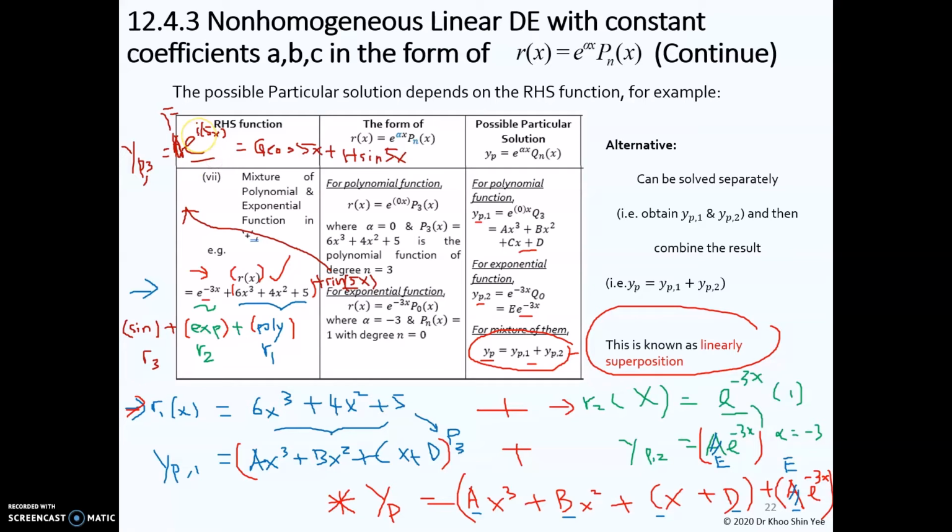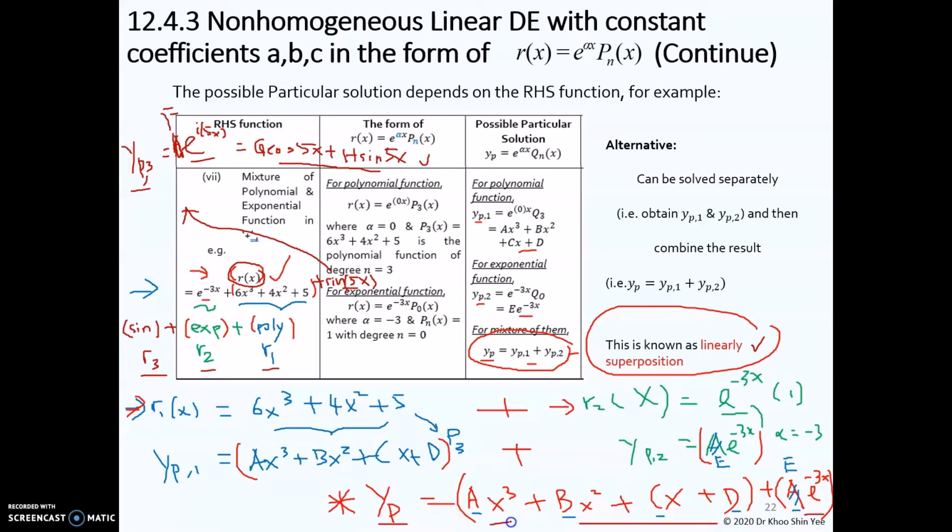Besides the exponential format, we can also use the trigonometric format to represent the sine function here. These two formats are acceptable for the particular solution here. Since your new right-hand side function now is equal to R1 plus R2 plus R3, by using the linear superposition, we can propose the particular solution Yp equal to Yp1 plus Yp2 plus Yp3.